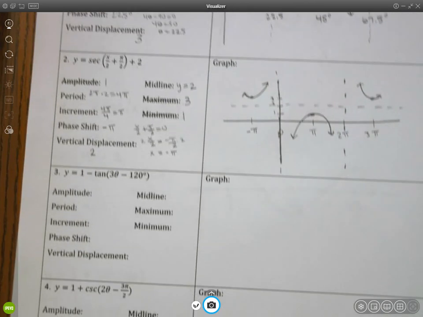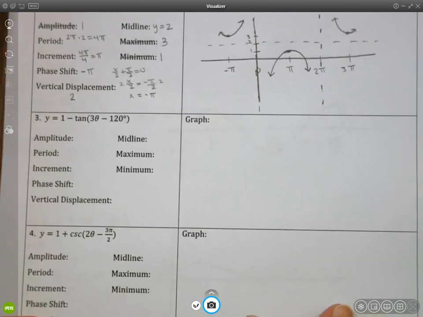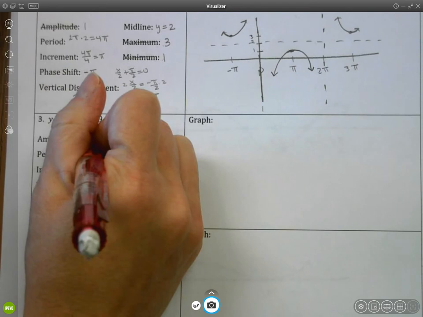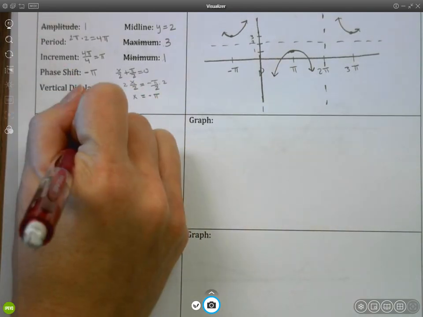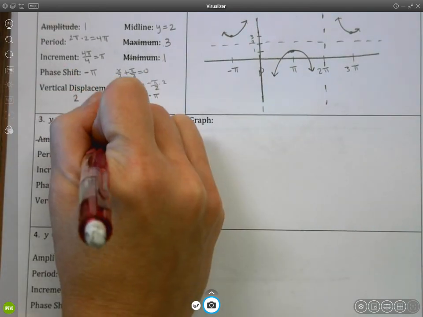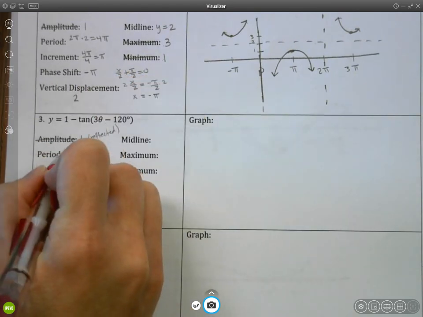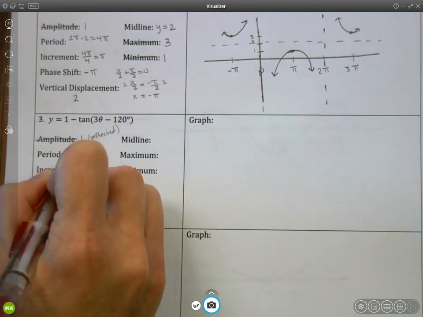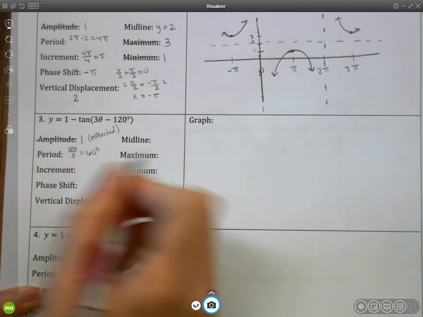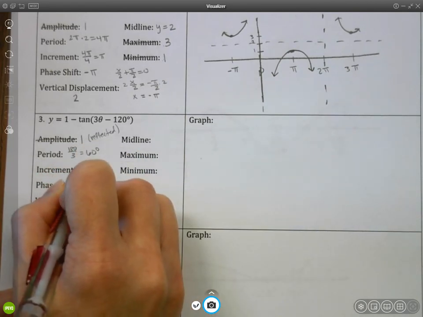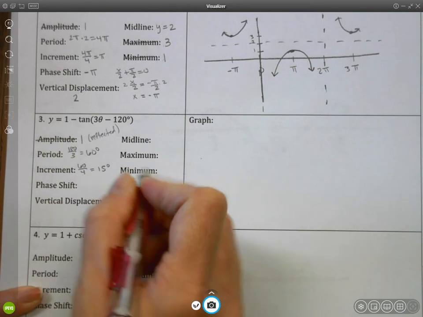All right, so for tangent, remember that the amplitude isn't really there. This one will be 1, and remind yourself that we're reflected. Period is normally 180. We're going to divide that by 3, so we're 60. Increments, you divide by 4, and you get 15.